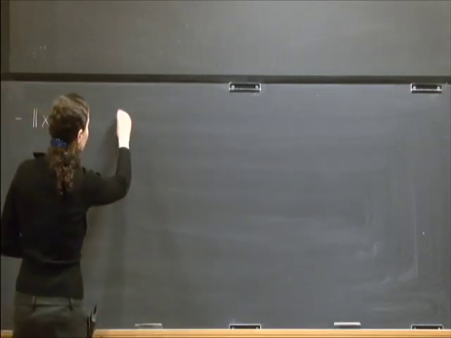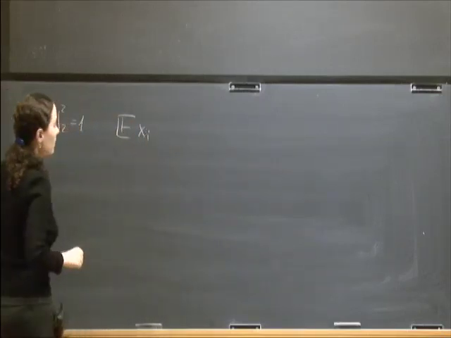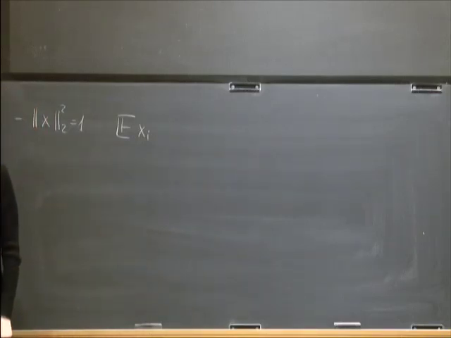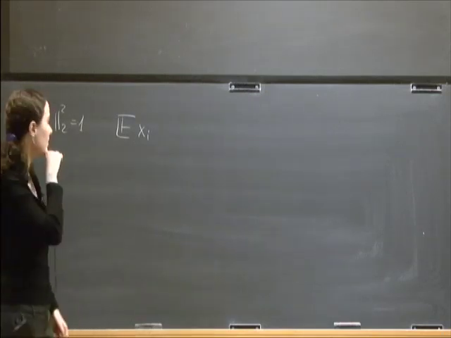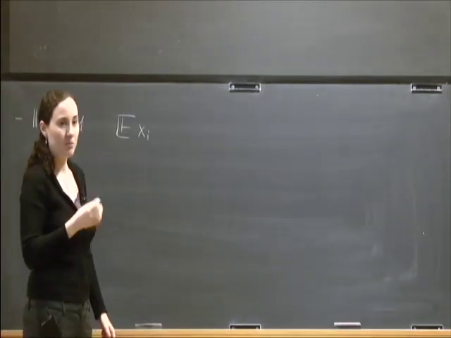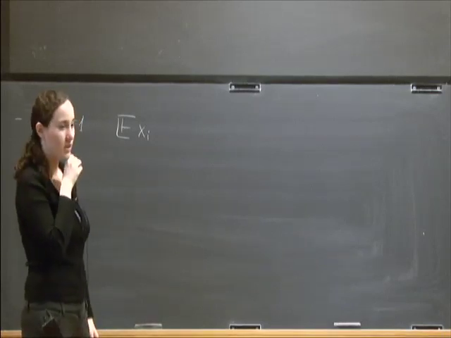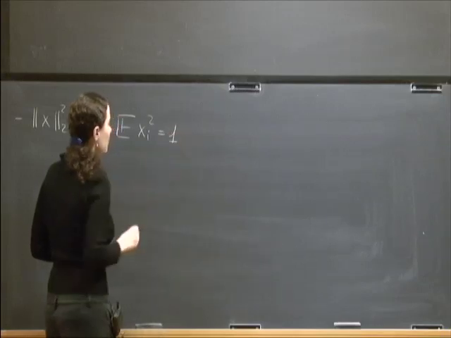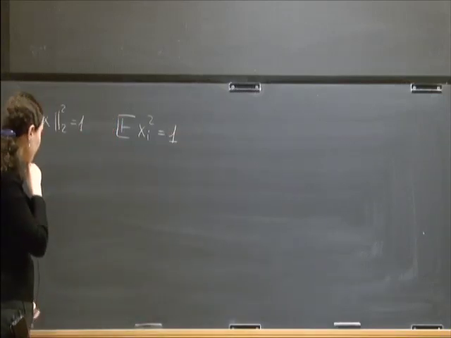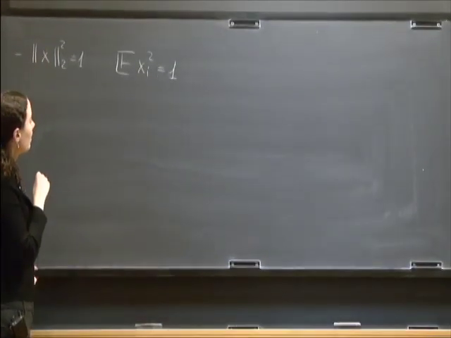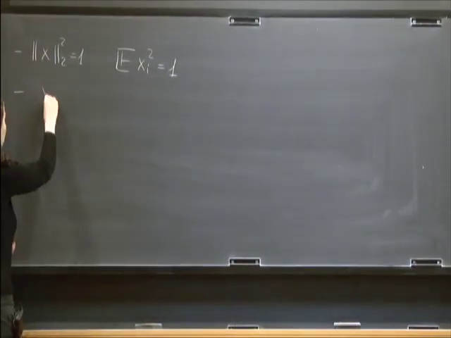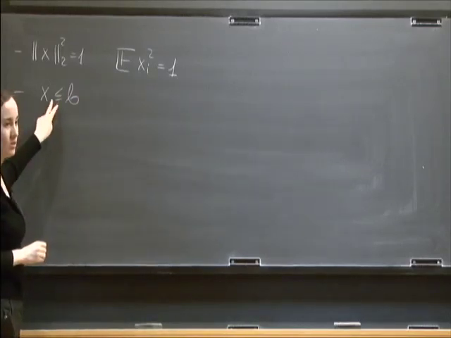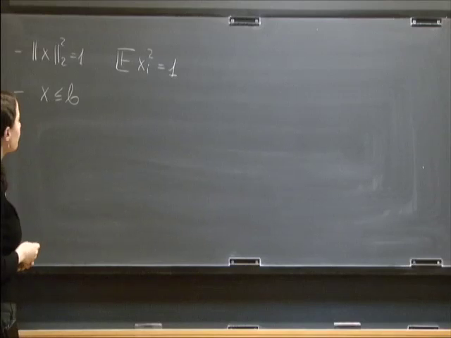I'm going to assume some regularity here: each variable appears in the same number of equations, or has the same probability to occur in an equation. The sum of squares should equal 1, so I have this normalization. I will also ask only for assignments that are bounded. So I'll have some parameter b, and all the x_i's should be at most b.